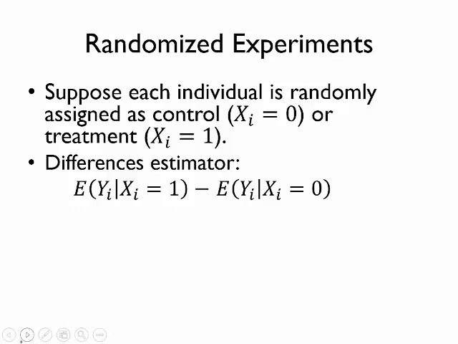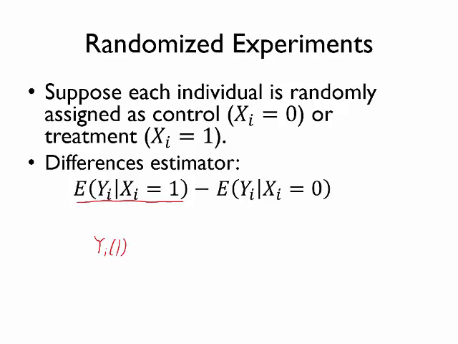So first, think about who we're going to be measuring in this group. When we measure the average outcome of those who are in the treatment group, remember that if the individuals were randomly assigned to the treatment group, then the average outcome for those individuals is probably a pretty good estimate of the average of all potential outcomes within that treatment group.